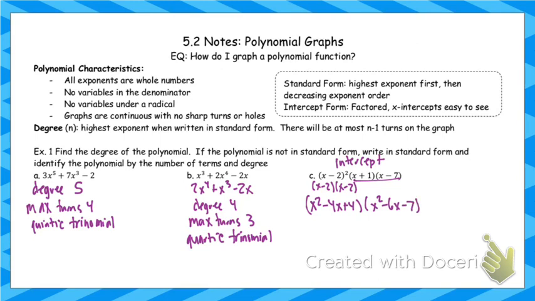Then if I go ahead and FOIL out this whole thing, it's kind of messy, so you're not going to have to really do this for graphing, but this is good practice for what we're going to do next class. And then we get our whole big polynomial there.